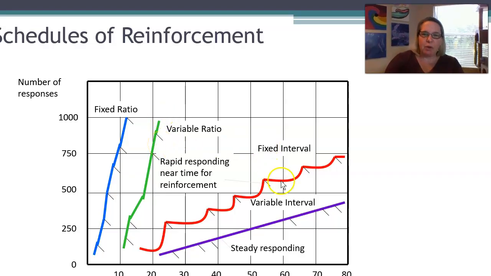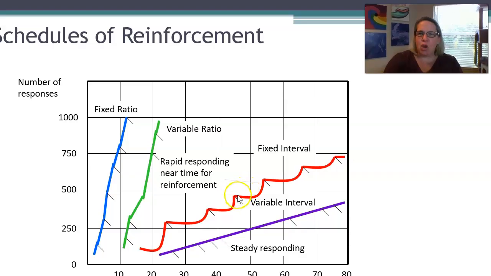Then the red and the purple lines here are our interval, our time reinforcement schedules. So again, it's not really like a straight line. We have these dips and curves on the fixed interval.